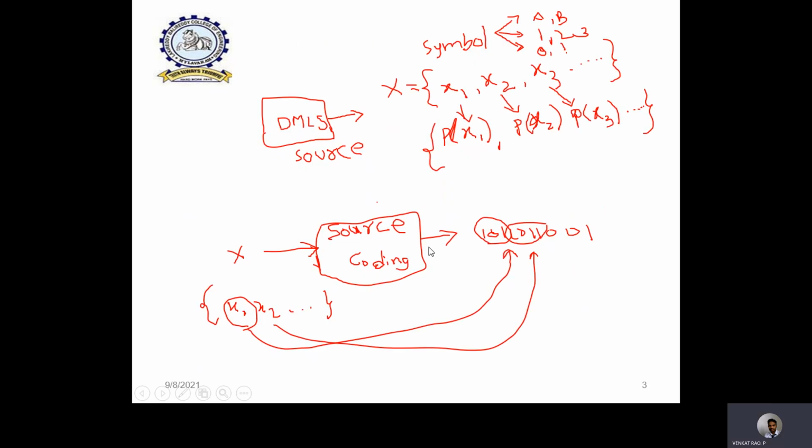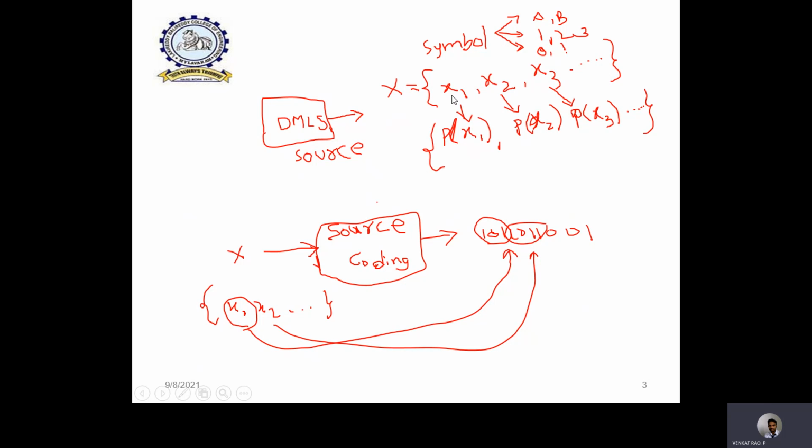Before understanding Huffman coding, let us focus on what a symbol is and the corresponding probabilities. For example, consider a discrete memoryless source. From that source some set of symbols are generated, like x1, x2, x3. This is our assumption.